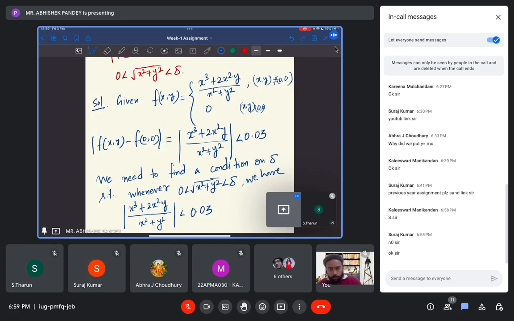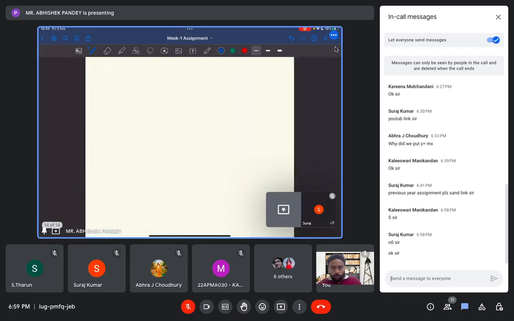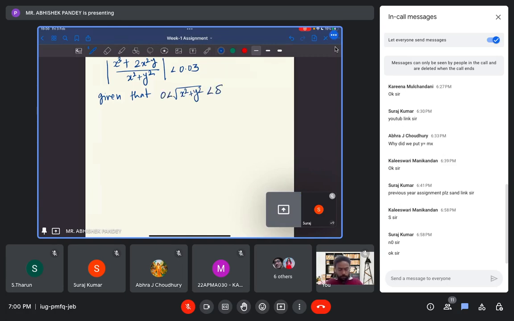So the thing which we have to show is that the modulus of (x cubed plus 2x squared y) upon (x squared plus y squared) is less than 0.03, given that the square root of x squared plus y squared is less than delta.